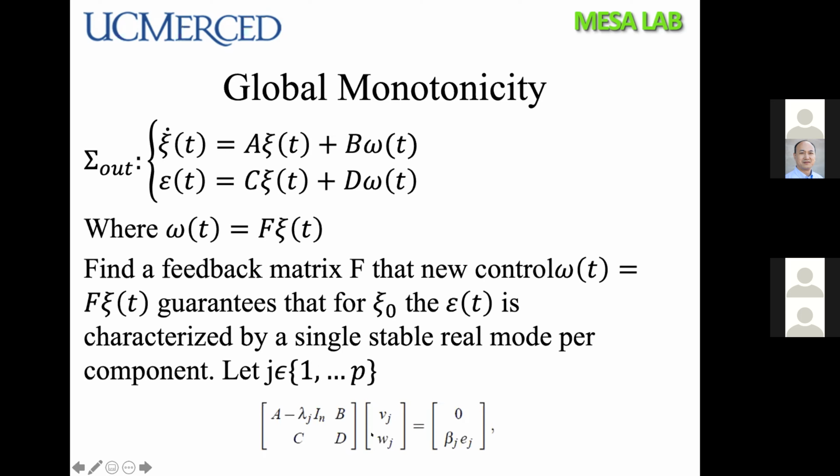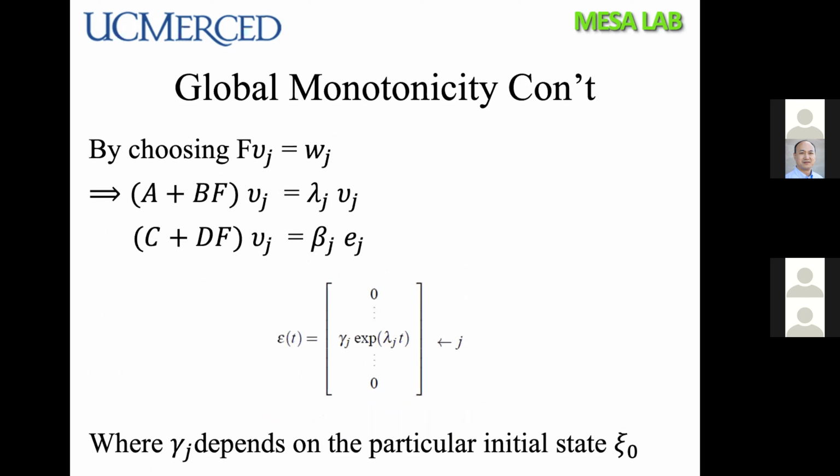Consider a solution V_j and W_j of the linear equation shown here, where beta_j is not equal to 0 and e_j is the jth vector of the canonical basis of Y. Notice that this equation always has a solution in view of the right invertibility of sigma. By choosing F such that F times V_j equals W_j, we find that (A + BF) V_j equals lambda_j times V_j, and also this one.